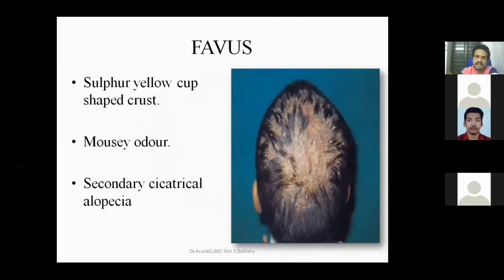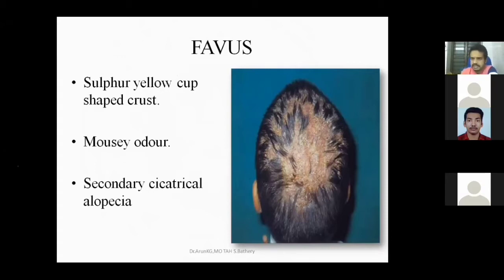In Favus, there will be scarring alopecia. Then a mousy odor, and sulfur yellow cup shaped crust will be there. Here also the central portion will be much clearer, and in the periphery there will be some exclamation mark like hairs and some hair bud like papules.